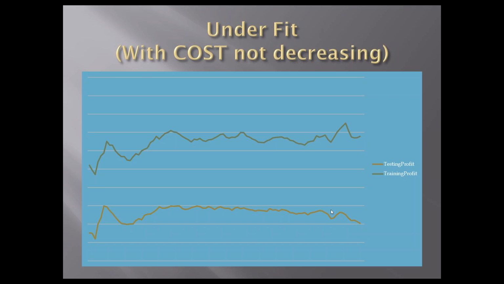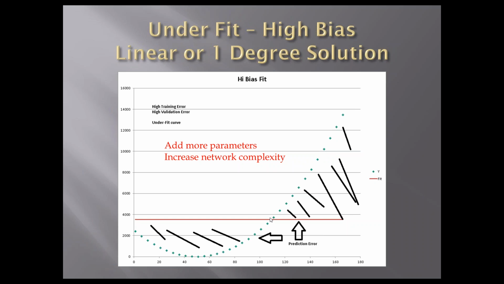So here's an example of what an underfit might be. Underfit is better shown with cost data, but I didn't have the cost data to put up here. If things just aren't moving, there's a small variation at the start of training, as it tries to figure out where to position this line.